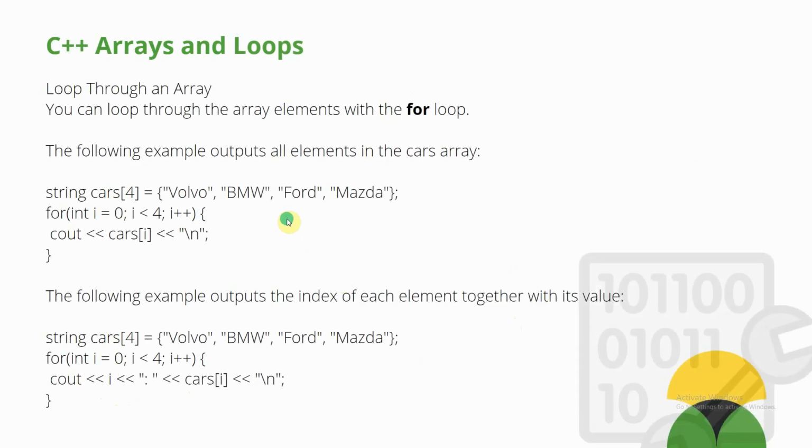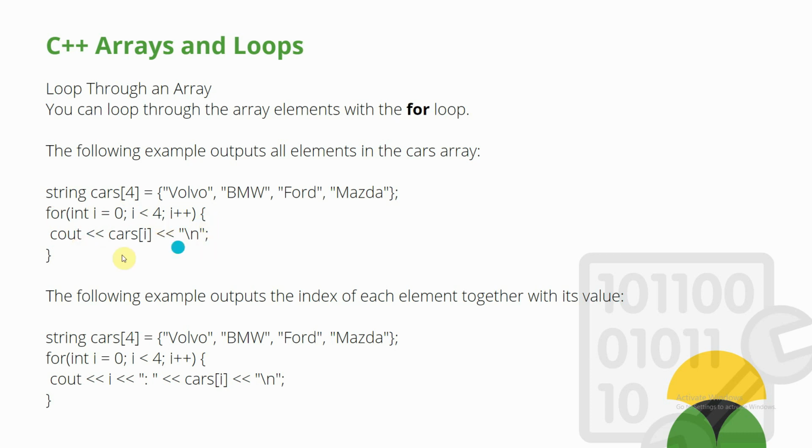Now for looping through an array, you can loop using the for loop command. In the following example, we declare string cars with Volvo, BMW, Ford, Mazda, for int i equals 0, same as the statement mentioned in the previous slide.